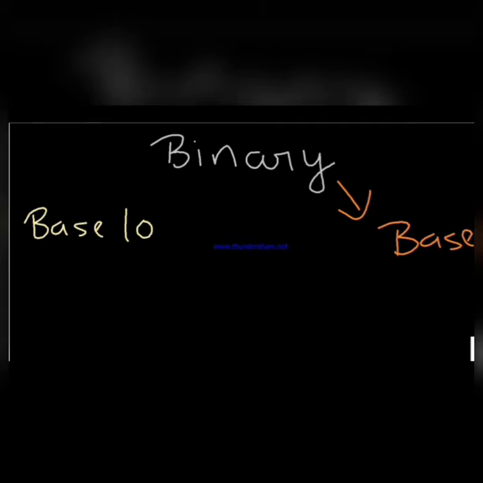In binary, we have two symbols, 0 and 1. For example, in the calculator, we give input in decimals, in the 0 to 9 form, but it does the operations in binary, in the 0 and 1 form.